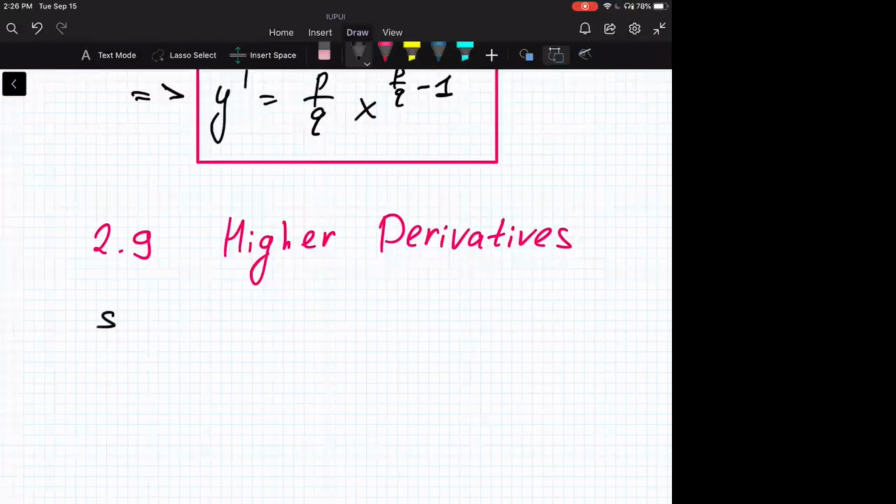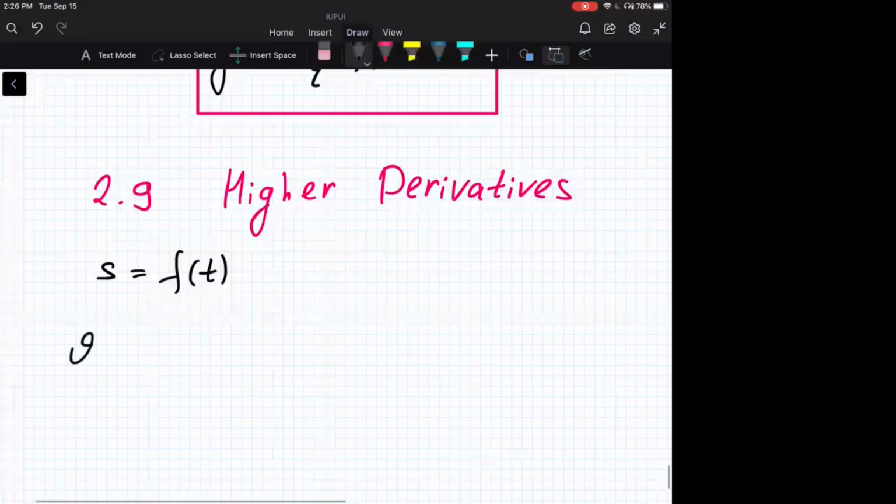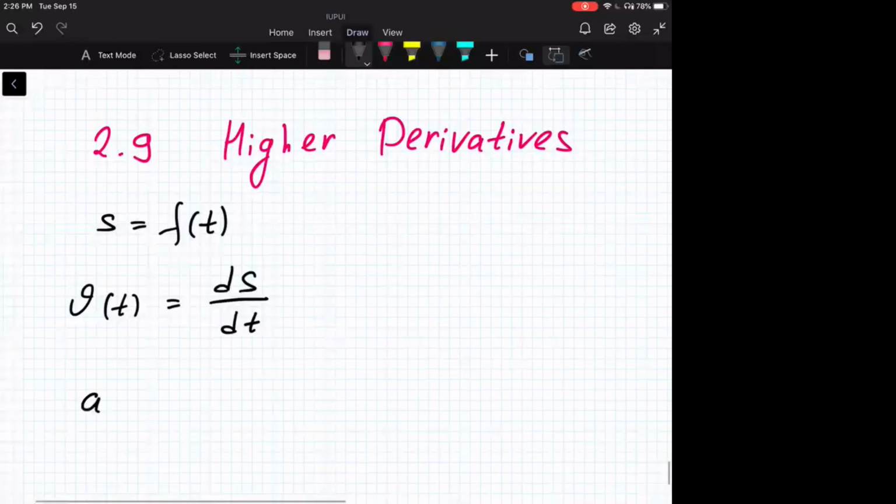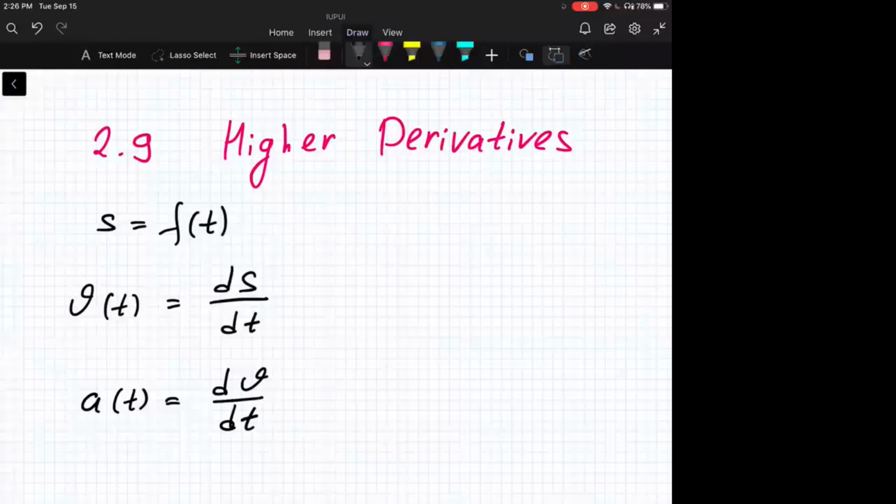If you have displacement s that is a function of time, then we remember that we can find the velocity at time t as the derivative of our function, ds over dt, and we defined the acceleration by the derivative of the velocity, right?